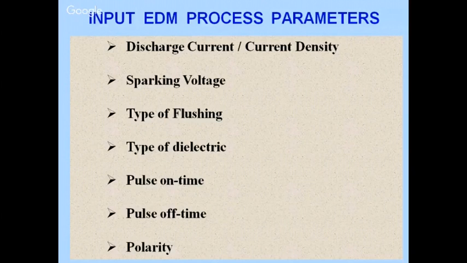Find out your material removal rate or whatever is your response parameter. Change it to 40 volts. See the difference. If it is not significant, of course, this parameter is not important. Much of this information is available in the literature. You can also conduct pilot experimentation to find out.